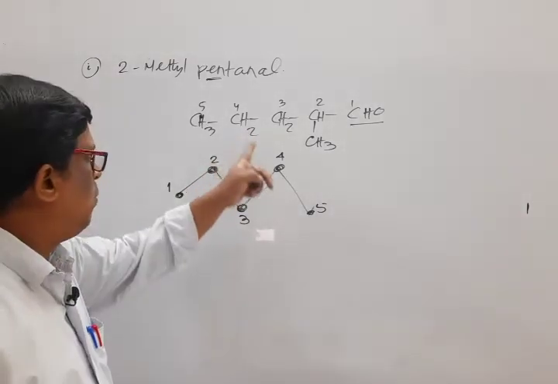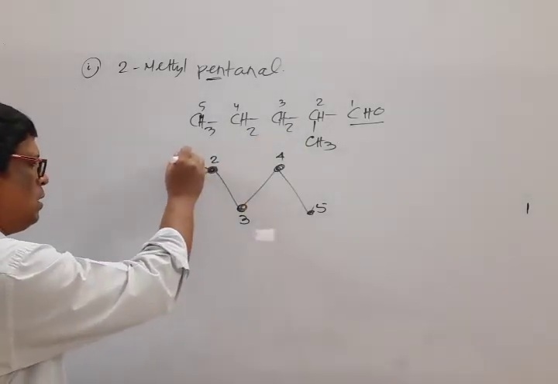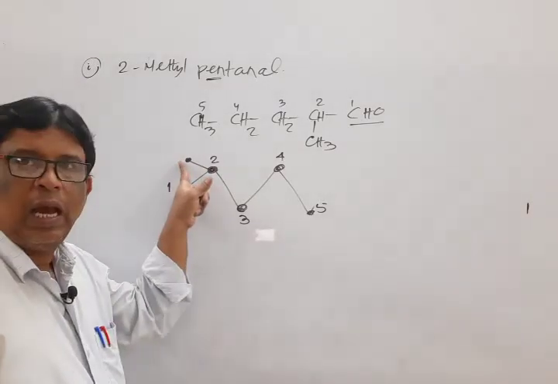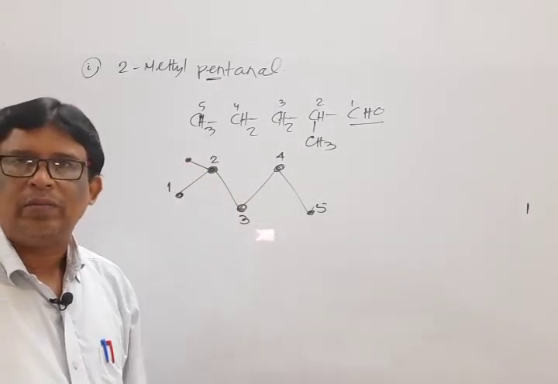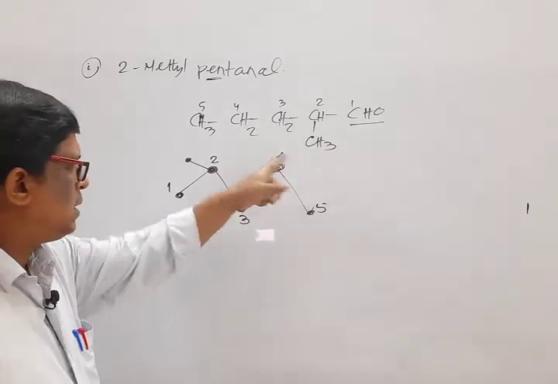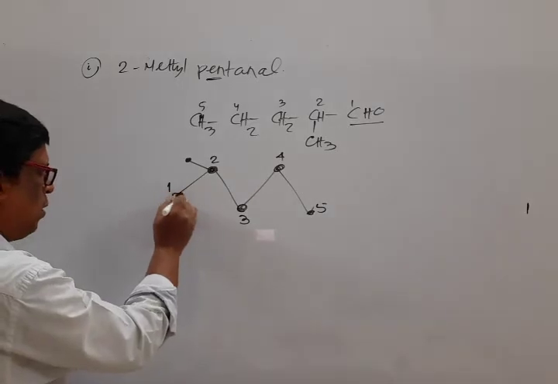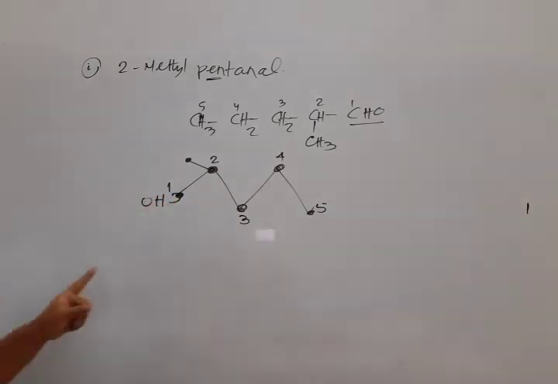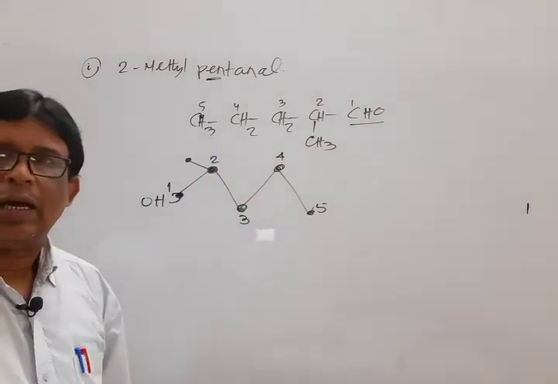Next, mark that at 2 position 1 methyl is there, another point is there. It is branching, and one point is there. So one carbon branching, one carbon is methyl. Next, -al at 1 position, so we may write here CHO. So it is the structure for 2-methyl pentanal.